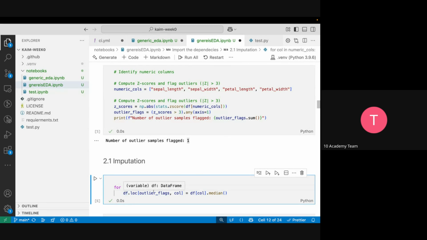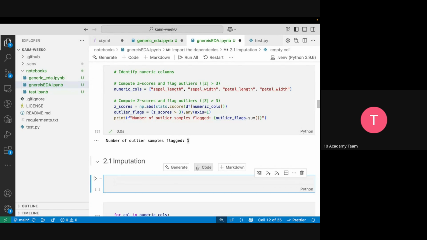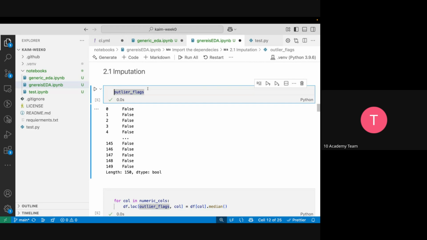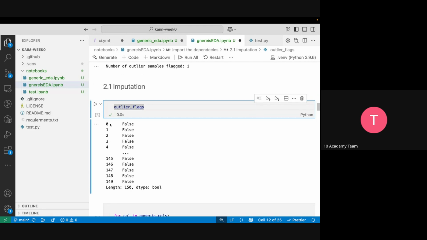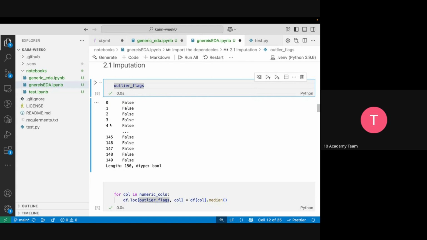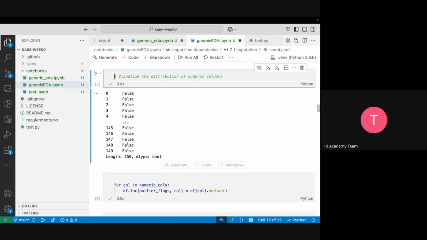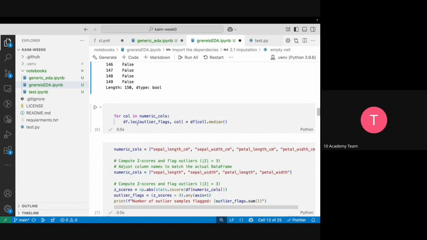So it's going to locate the outliers. Here, outlier flags, if you see them, it's false, false, false, but we have one true.